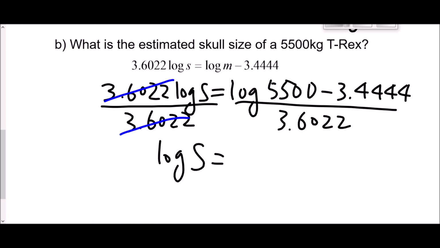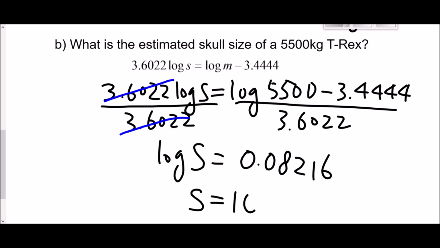If you do that, log S would be 0.08216, and then to get rid of the log, you move the base of 10 to the other side, so that means S is equal to 10 raised to the power of 0.08216.